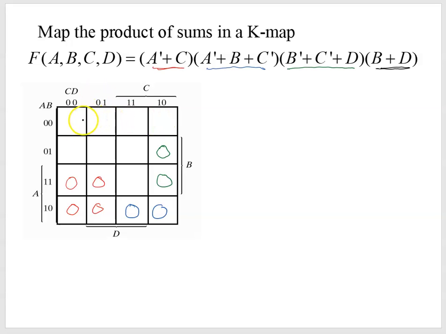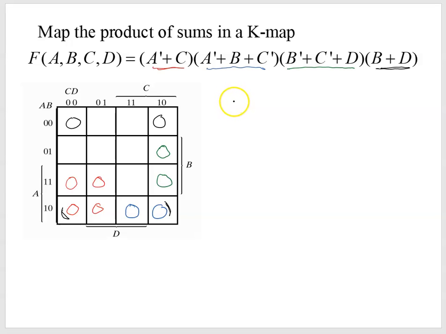B is equal to a 0 in the top 2 rows, D is equal to a 0, and so that's the 4 corners, right? So we get 1, 2, and then 1 here and 1 here. We already had 1 there. So now we've mapped the function. That's key. First step, make sure we can map the function.